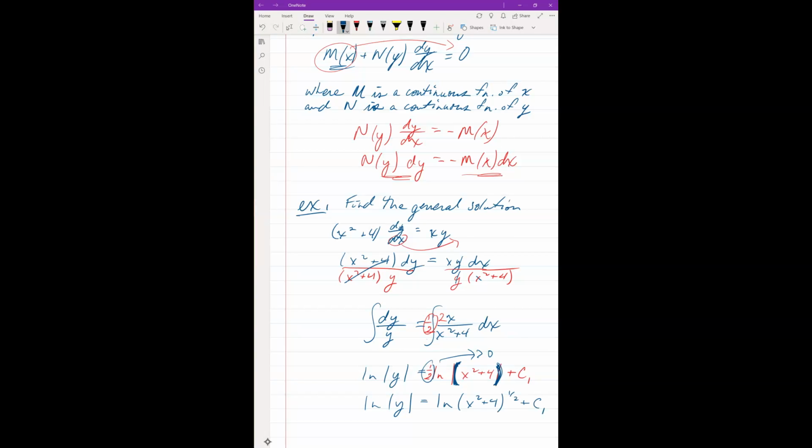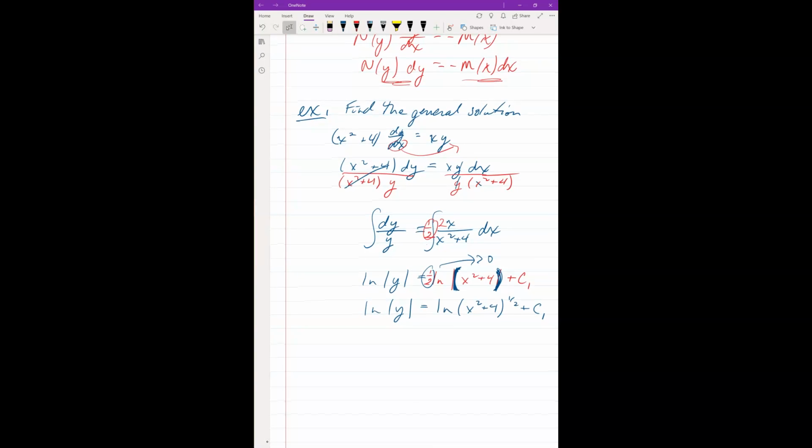You can move faster than this if you want; I'm being very careful here to show each step. Now (x squared plus 4) to the 1/2 is the square root of x squared plus 4, plus our C1 here, and here's our natural log of absolute value of y. We're getting very close to our solution.